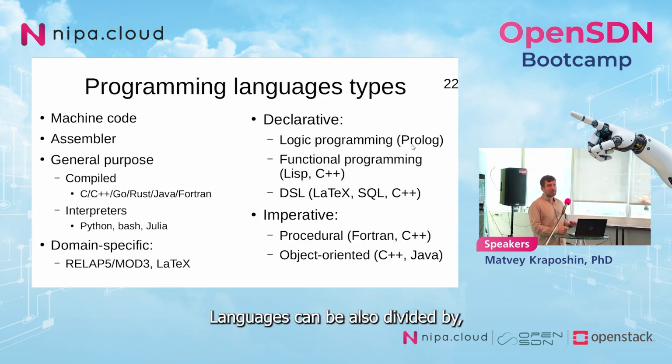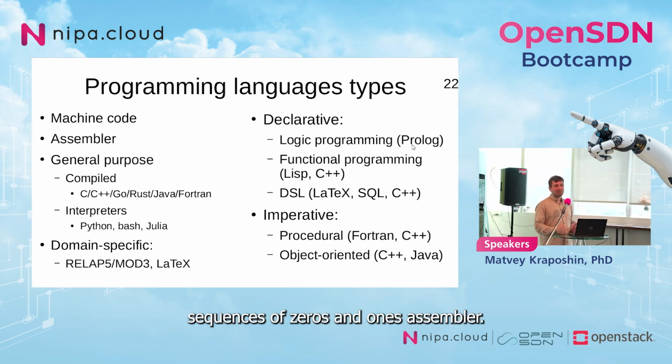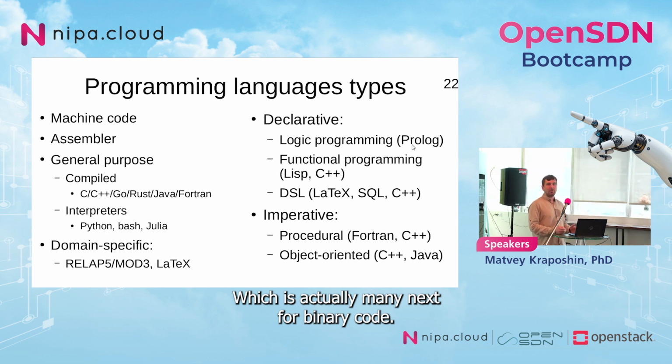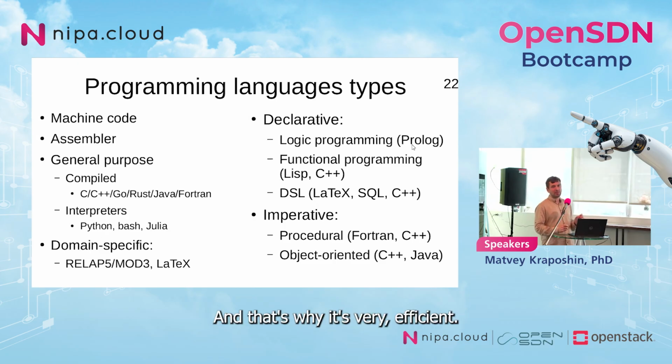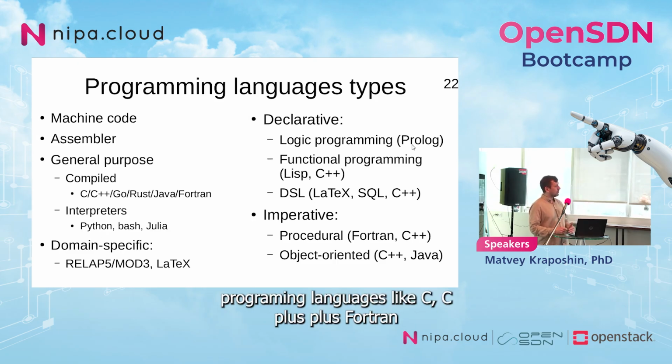Languages can also be divided using the next approach. There might be machine code, sequences of zeros and ones, assembler, which is actually mnemonics for binary code. So assembler is very close to binary code, and that's why it's very efficient. Then go general purpose programming languages like C, C++, Fortran.